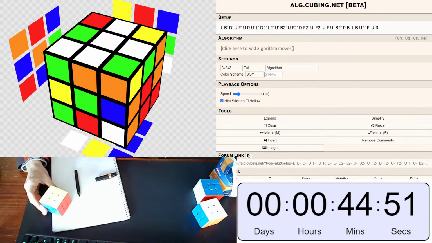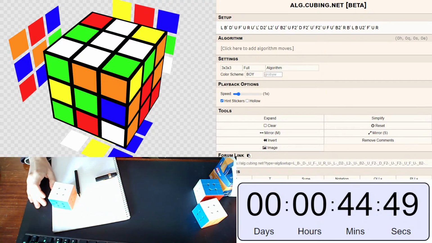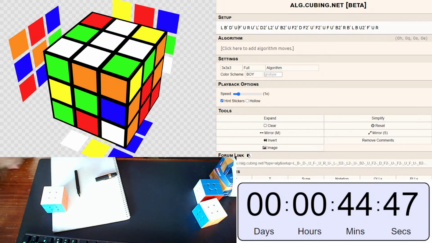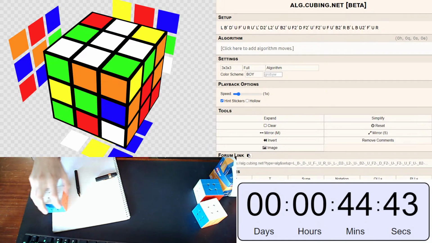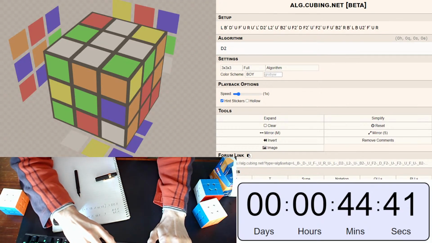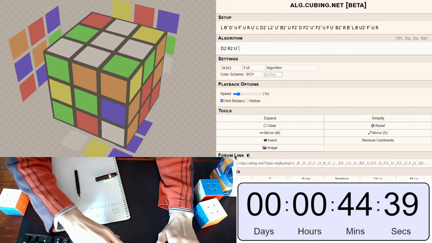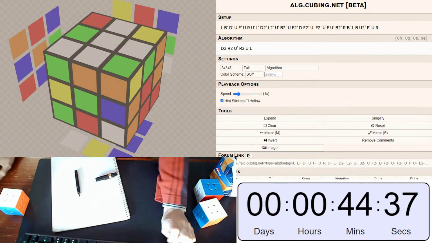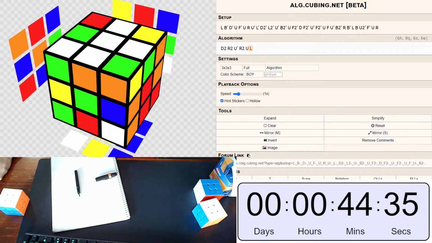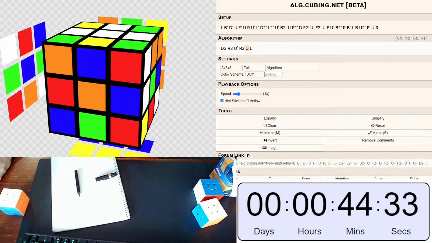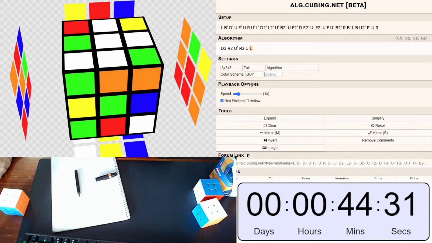So now I can switch back to the normal scramble by doing. So if I do D2, R2, U prime, R2, U, L. It doesn't work. Okay, so sometimes this happens where it doesn't work at all.